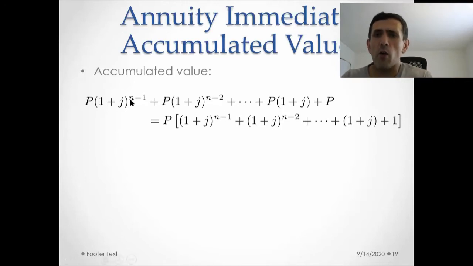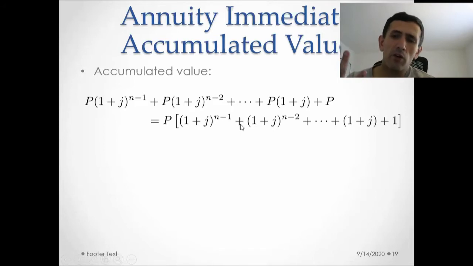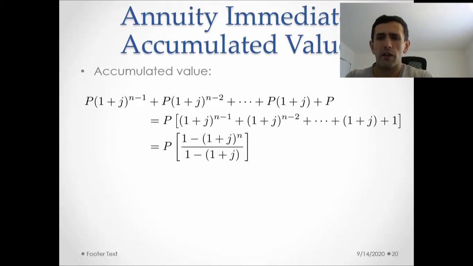Then, to figure out what the accumulated value would be in this account based on all these payments at the end of 30 years, you have 360 terms to add up. That's unreasonable. So we have to use a finite geometric series formula, like we've already done. In particular, my R is going to be 1 plus J. So it's going to be 1 minus R to the highest exponent plus 1, so N-1 plus 1 is N, over 1 minus R. And again, as I said before, R is 1 plus J.